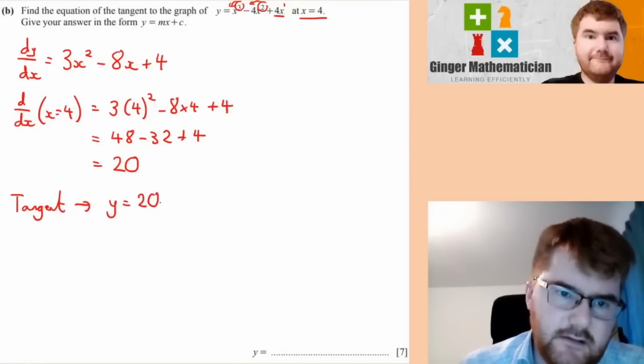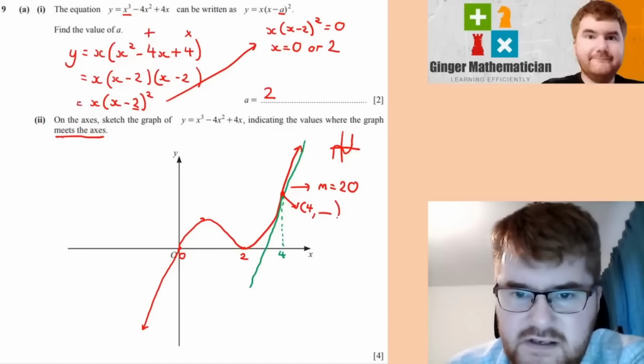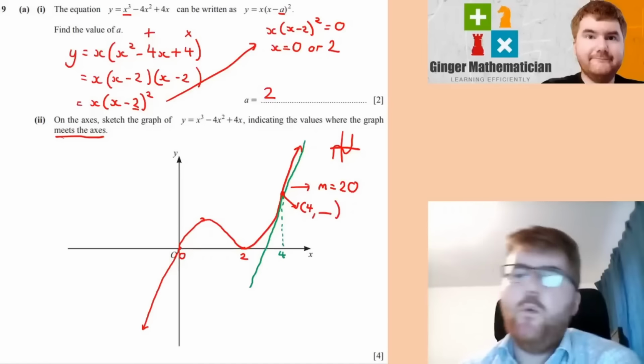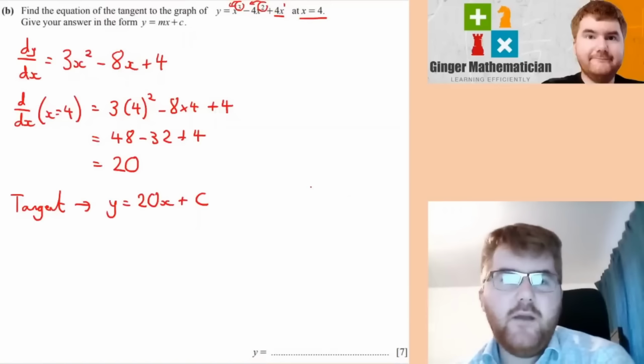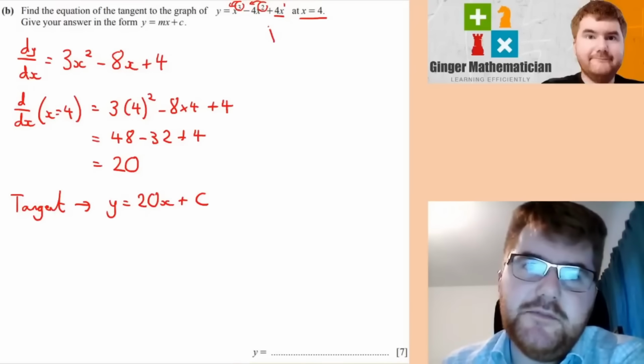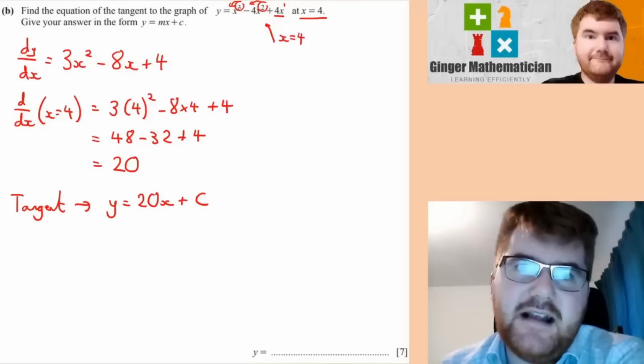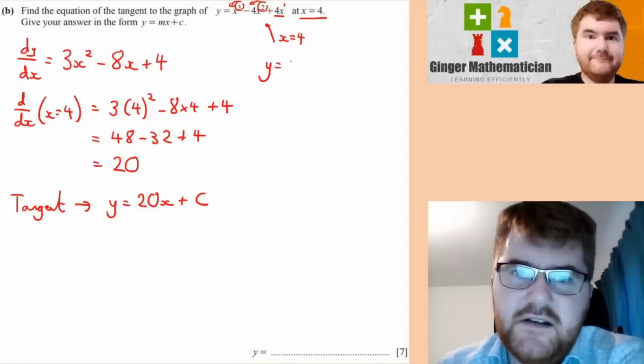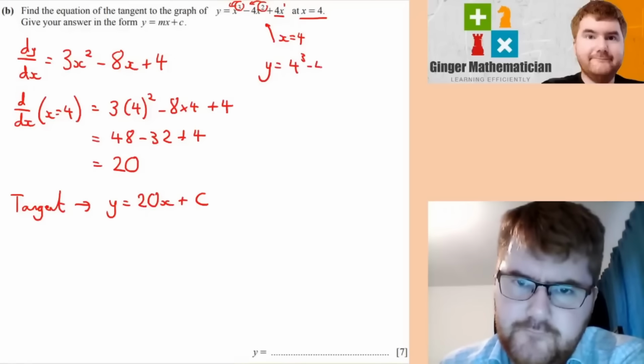Okay, and we know the x-coordinate is 4, but we currently don't know what the y-coordinate is. The way we can work that out is actually substitute x equals 4 into this equation. So when x is equal to 4, y is equal to 4 cubed minus 4 lots of 4 squared plus 4 times 4. That's a lot of 4s. That is definitely a lot of 4s.